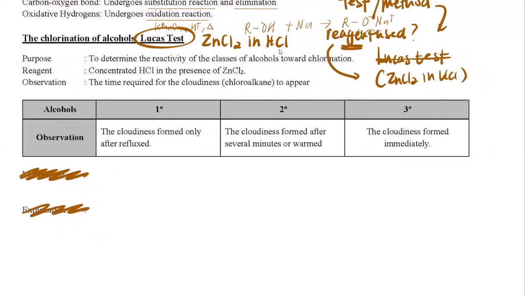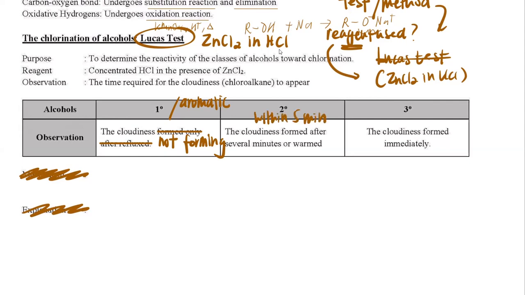Okay, so for primary and also aromatic alcohols, the cloudiness does not form. Okay, secondary alcohol forms a precipitate within 5 minutes. Okay, and then lastly for tertiary, immediately.